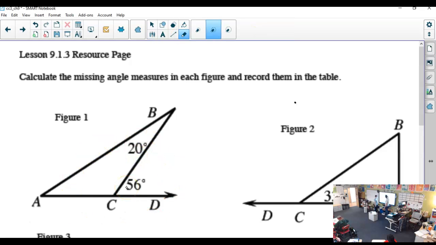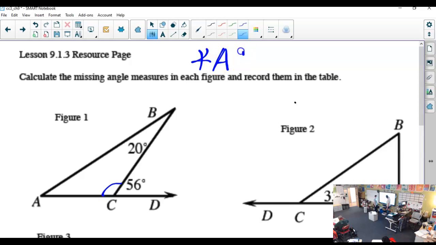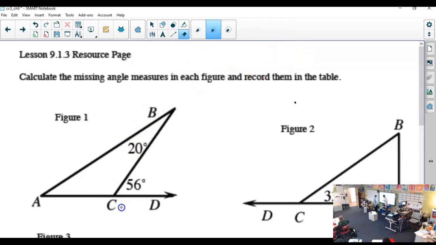So when we go to name angles that have multiple pieces, we use 3-point angle notation, which means this angle would be angle ACB, because we can start at A, our angle is C, and then we can end at B. So the opening we would call ACB. ABC would be up here, or we could just call it angle B because there's no other angles there. And this one is CAB.